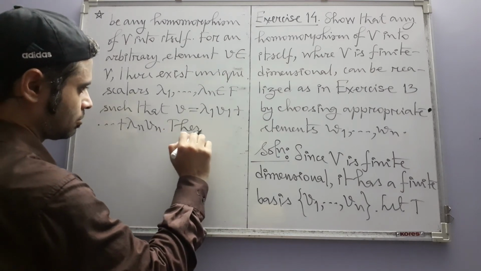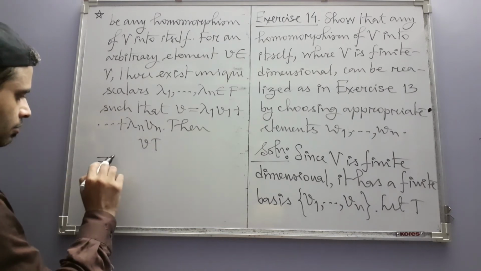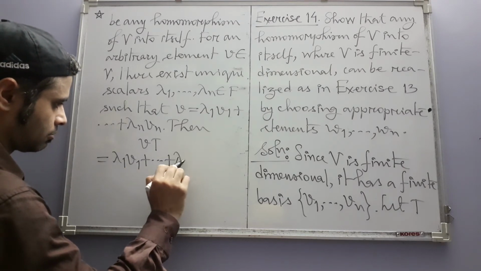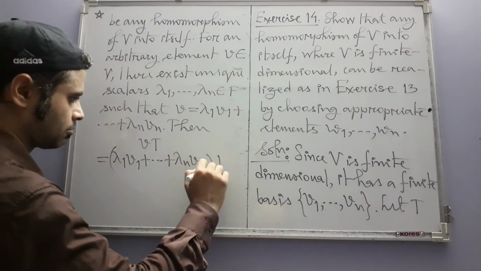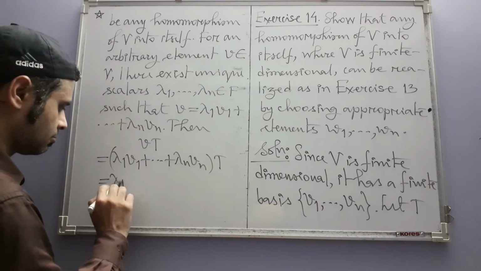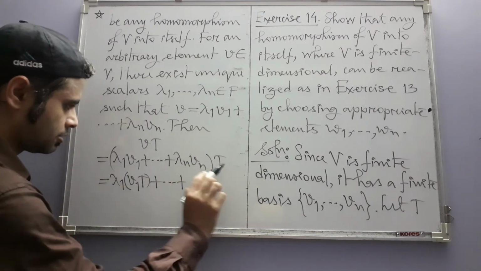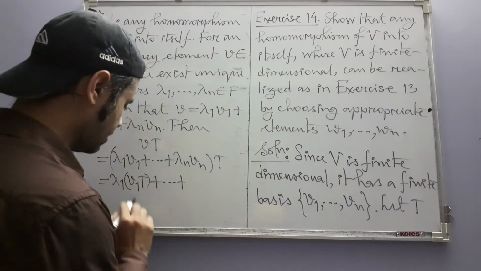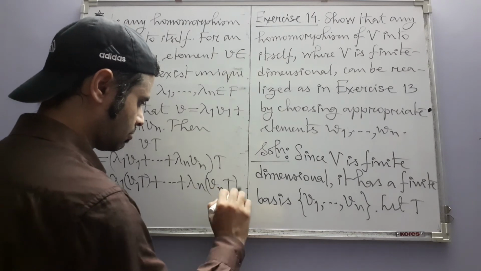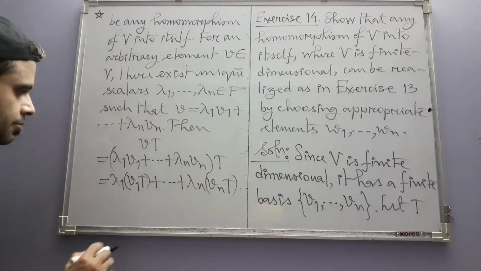Then what is VT? VT is this. Now, because T is a homomorphism, by the definition of a homomorphism, this T image will be this linear combination of these individual T images. So the W's that we have here can be taken as just these vectors.